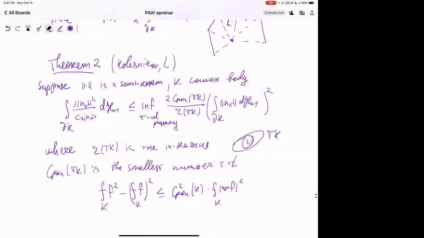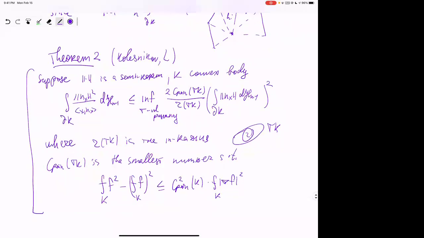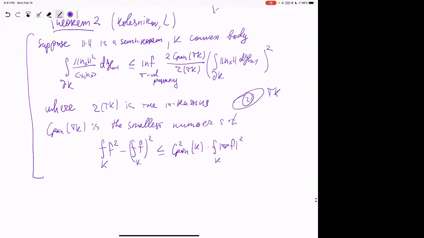But the cool thing is that in some cases, this estimate gives a tighter bound. In general, I'm not going to talk about KLS and such, because even if KLS is completely solved, it's still not going to give better than the constant 1 that we got in the previous theorem. But for some specific bodies, it's much better.